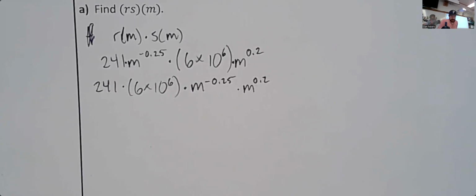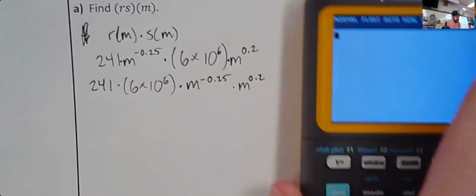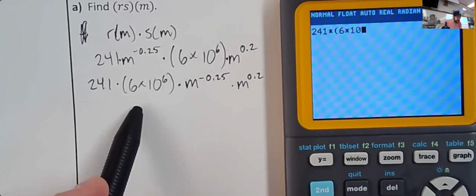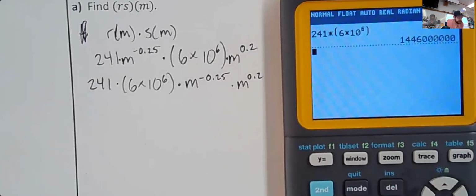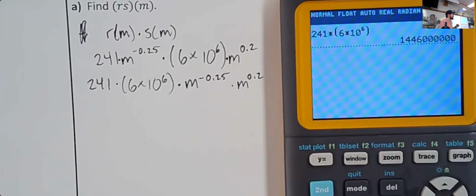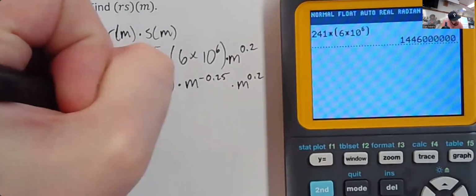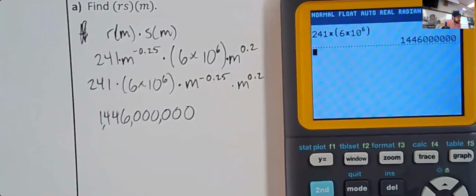Now, I'm not very interested in multiplying this out by hand, the 241 times 6 times 10 to the 6th power, so I'm just going to multiply that on my calculator. 241 times, parentheses, 6 times 10 to the power of 6. There it is. So 1446 and 6 zeros. That'd be 1,446,000,000. That's the number we're looking at there.